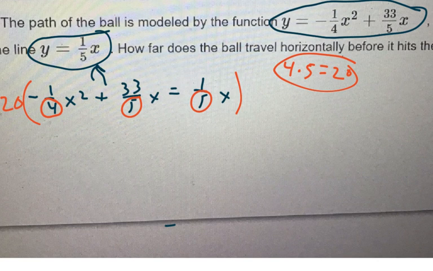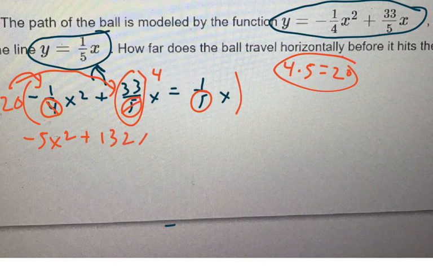Now, this is where you definitely would want to use your calculator, some of you. But what's 20 times negative 1/4? Well, 20 divides by 4 5 times, so I get negative 5x squared. What's 20 times 33 over 5? Well, 5 goes into 20 4 times, and 4 times 33 is 132. Again, I'm doing this in my head, but you would just do this on the calculator, right?